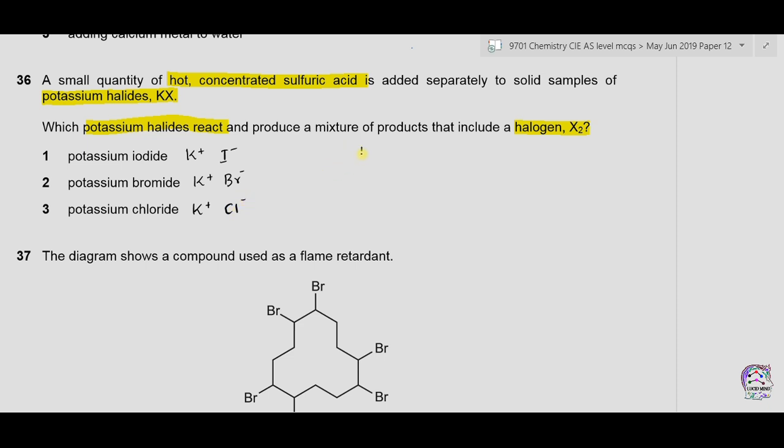Among the halide ions, we can write F-, Cl-, Br-, I-. The reducing ability increases down the group. So it means fluoride and chloride cannot reduce concentrated sulfuric acid.